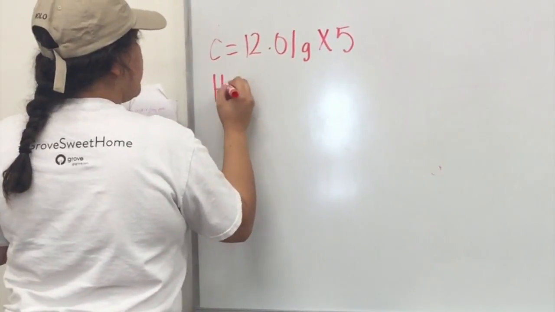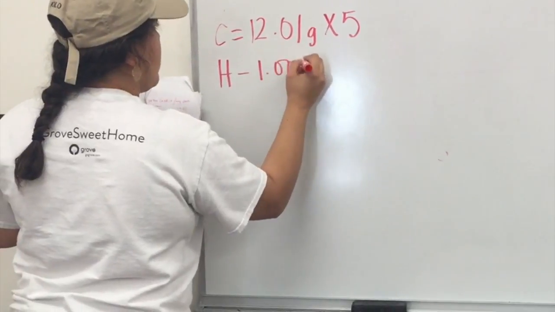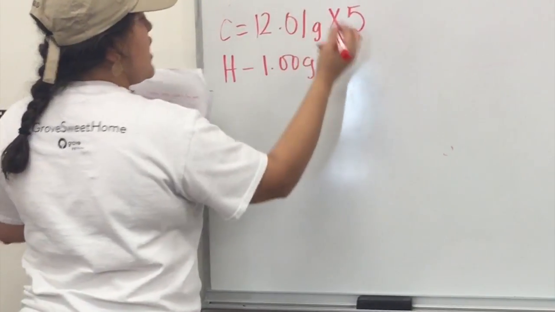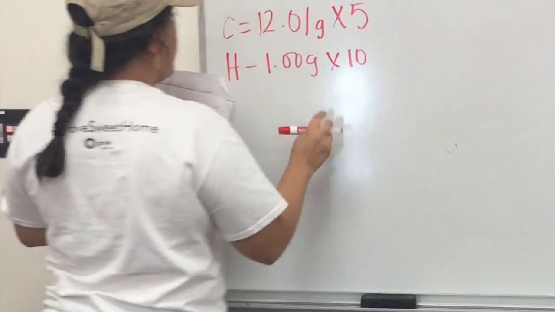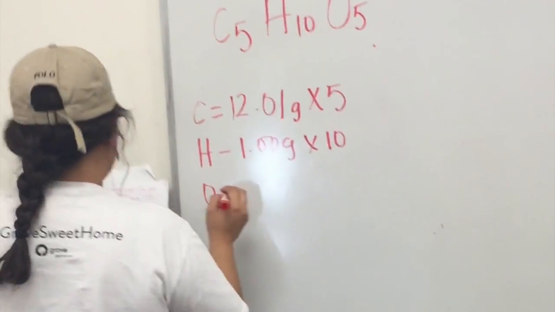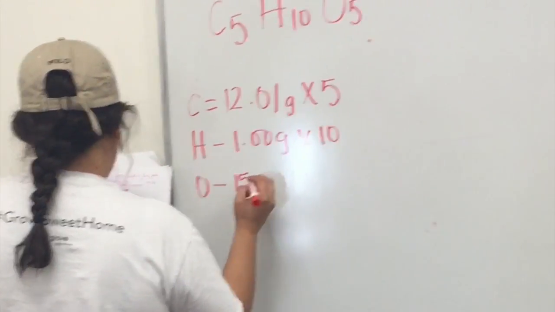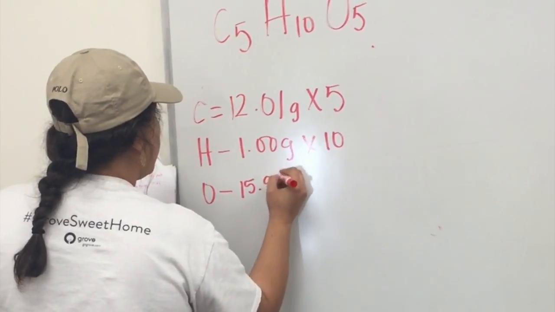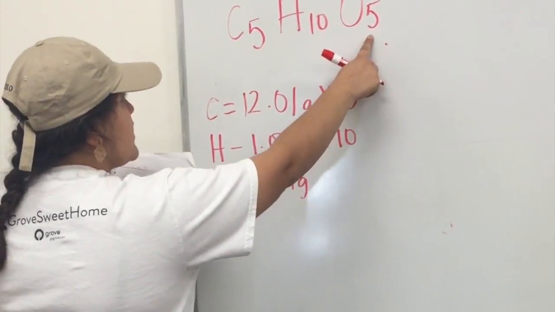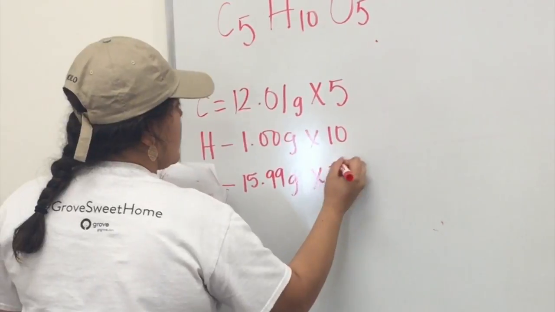Hydrogen has 1.00 grams, and because it has 10, you multiply that by 10. Oxygen has 15.99 grams, and because it has 5, you multiply that by 5.